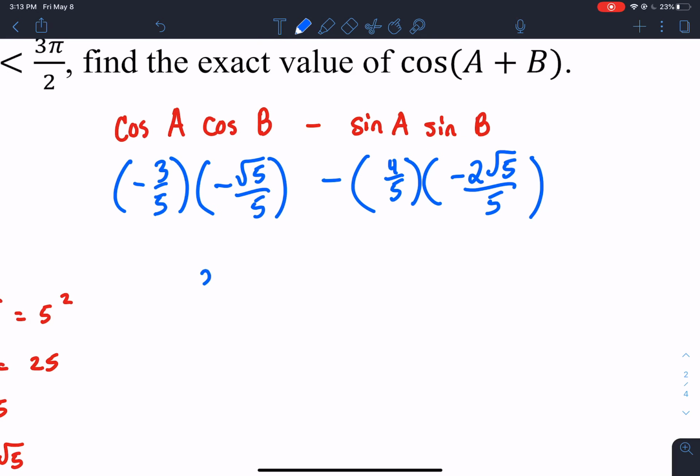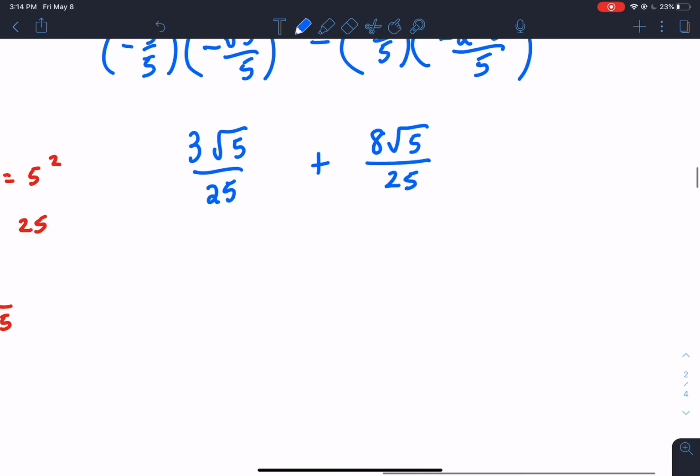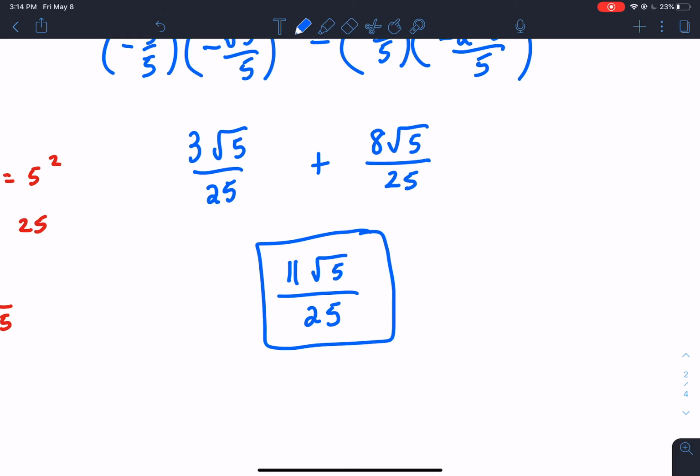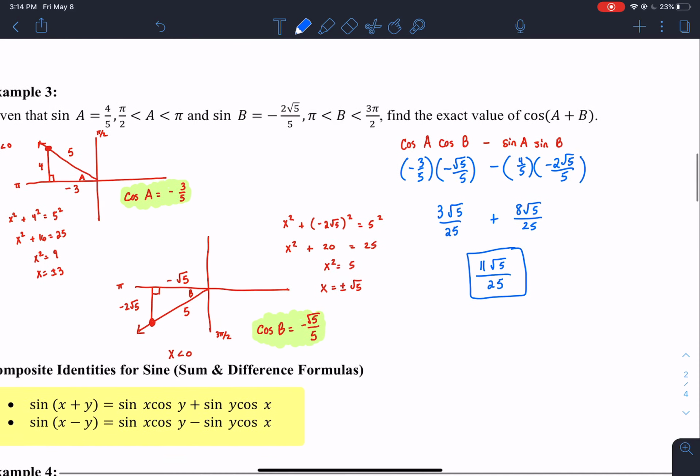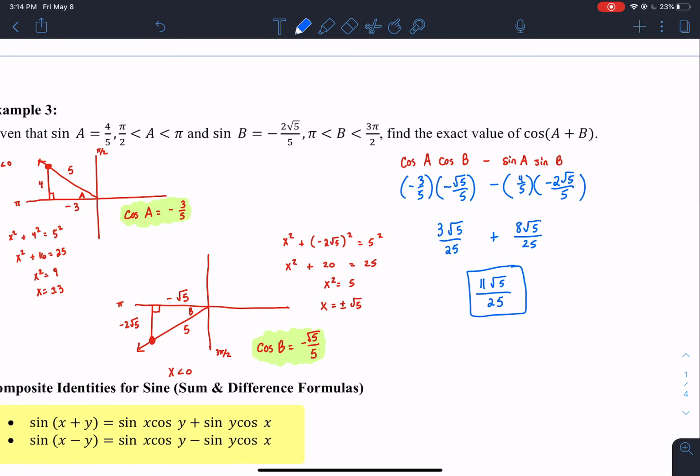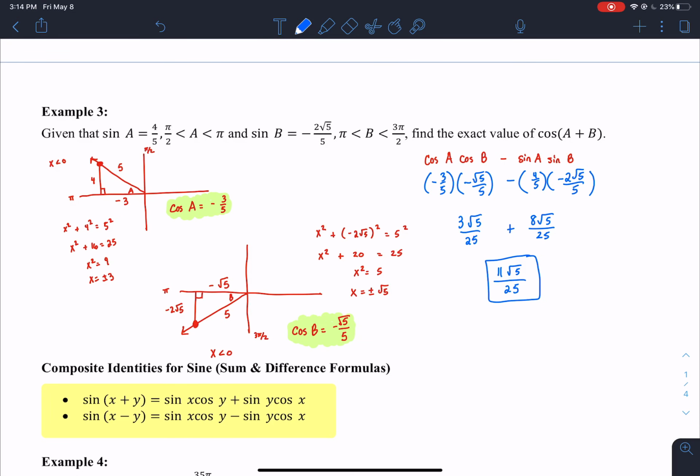So this now becomes 3 root 5 over 25, plus 8 root 5 over 25, and that final answer would give you 11 root 5 over 25. So again, when it gives you these two cases problems, you need to kind of draw it out so you know exactly what you're solving for.